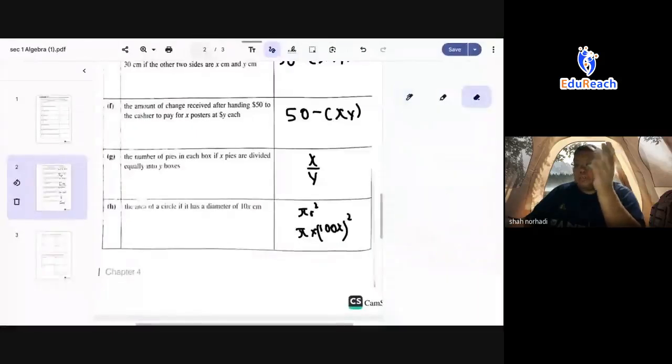Then the times pi, you cannot leave the multiplication sign there. So what must you do?